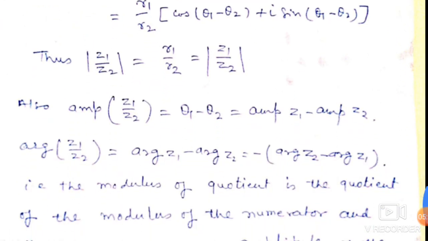Thus, mod of Z1 over Z2 is equal to R1 over R2, which is equal to mod of Z1 over mod of Z2.